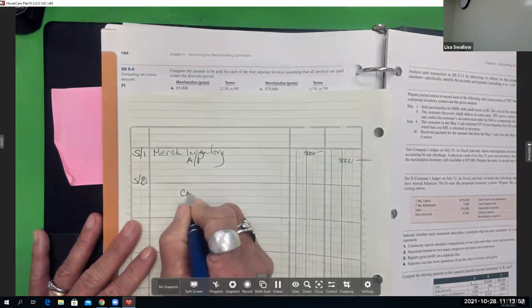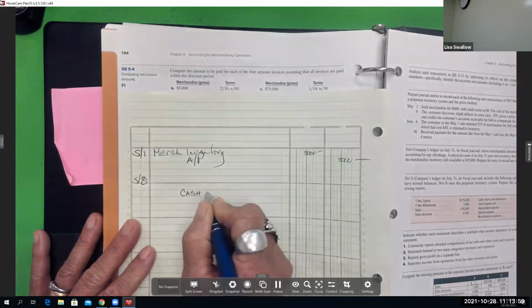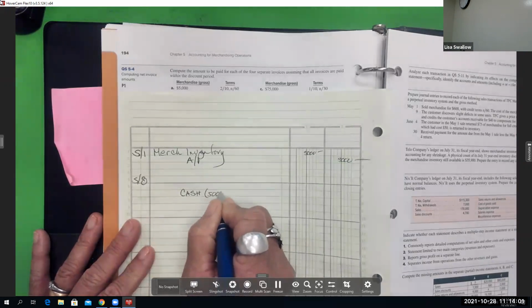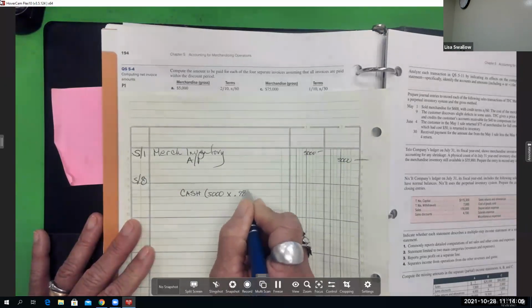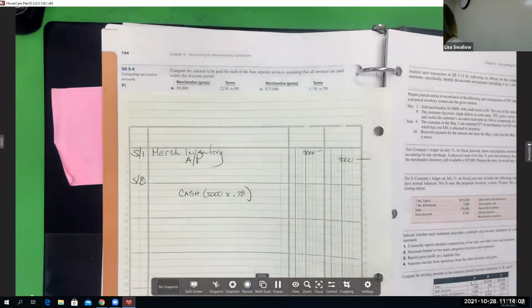So my cash, I get a 2% discount. So I'm paying 98% of it.